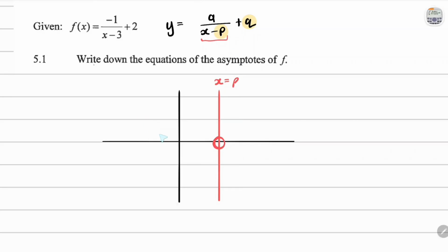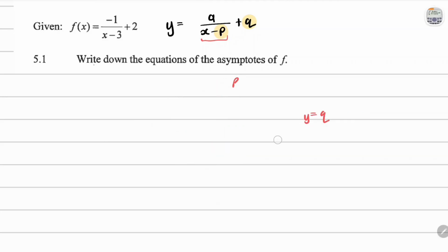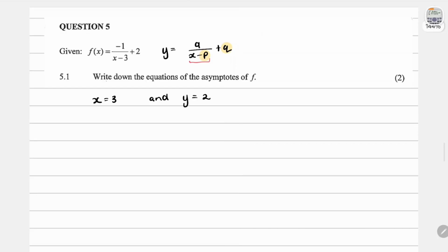And then the q value would be y is equal to, because it passes one particular y value on the y-axis. So that's y is equal to q. So from that, you can see that x is simply equal to p, which is 3, since it says x minus, and y is equal to 2. And those are the equations of our asymptotes.